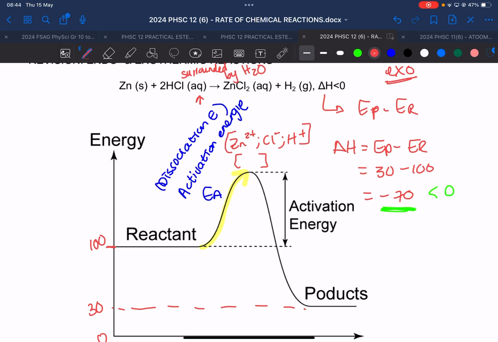What do you call this thing where you have broken up all the bonds and now they are in the ion, very unstable phase? Activated complex. The activated complex is there at the top. And then the particles rearrange, they get together, they form bonds, they become more stable, they release the energy.